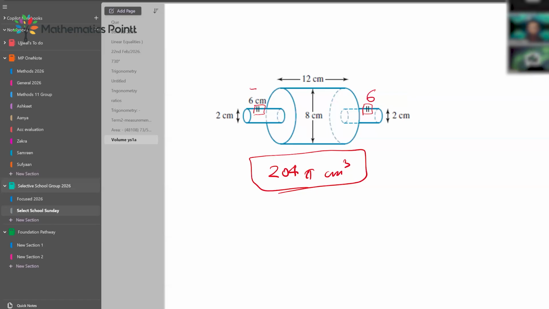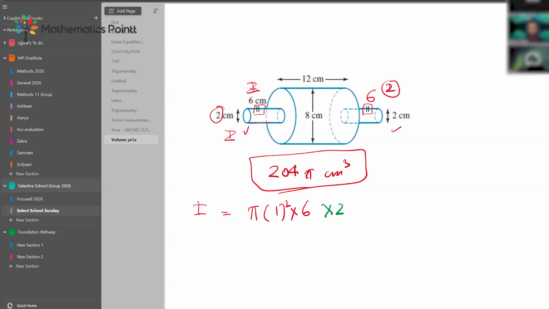Now, the volume of this smaller cylinder, let's find that, and then we double it. We get cylinder number 1 and cylinder number 2 sorted. So what's this? Pi, and the radius is 1 because you're given the diameter. Please make sure. Times the height. Height is 6. So that's the volume of cylinder number 1. And since it is exactly the same as the second cylinder, I simply multiply it by 2.